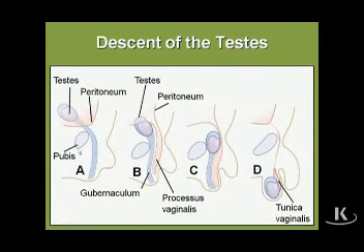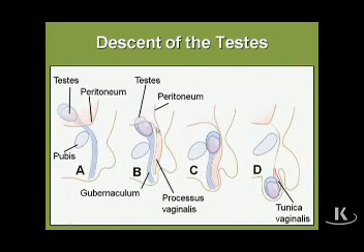Now, even though the parietal peritoneum is not in the way, what happens is that before the testis descends, so it's not being pushed by the testis, the parietal peritoneum forms an evagination, a finger-like evagination, which descends through precisely the same pathway, through that same inguinal canal, and gets down to where the scrotum is forming.